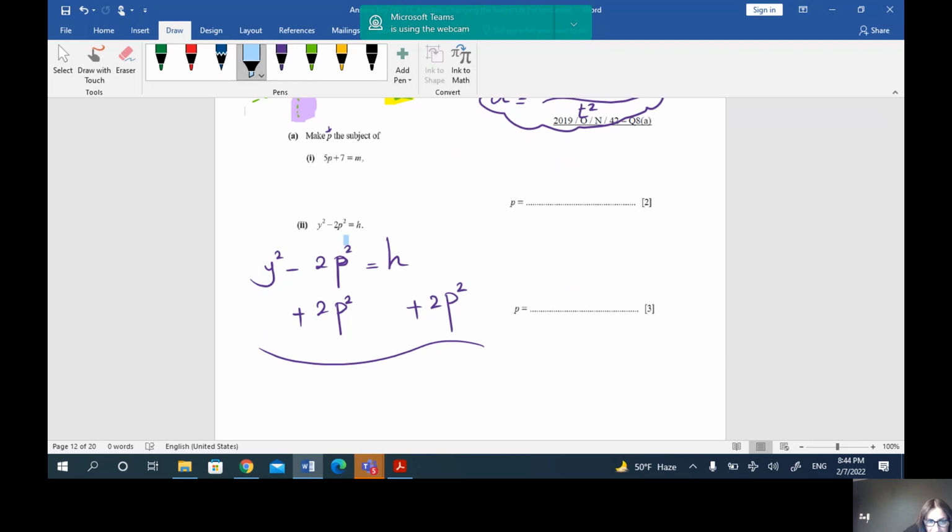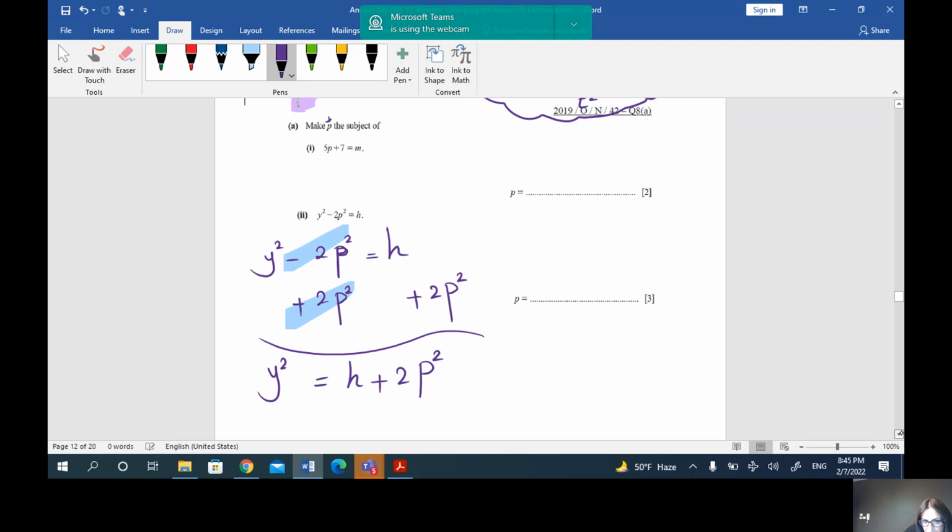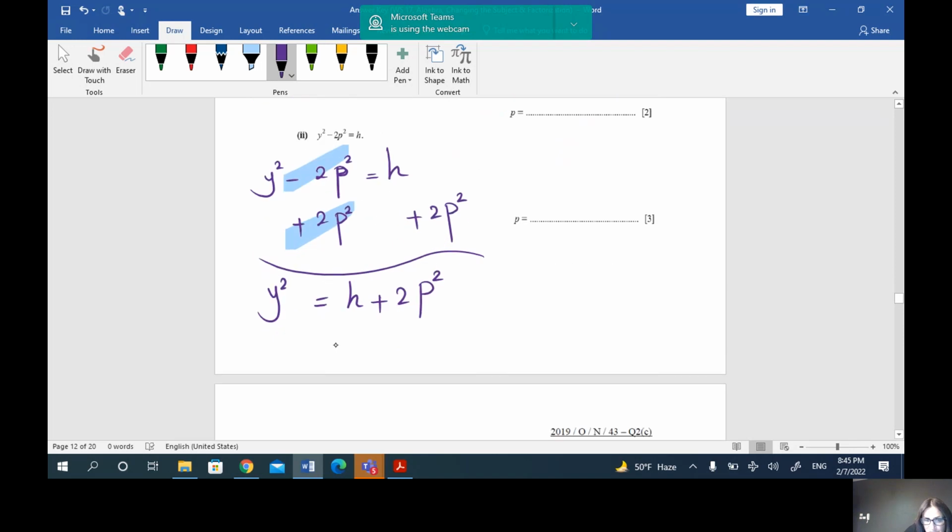This is cancelled with this. So what is left here? Y squared will come down equals, read it from the top to the bottom and write it from left to right. So it will be H plus 2P squared. Now, P is the subject, so we're going to say minus H on both sides.